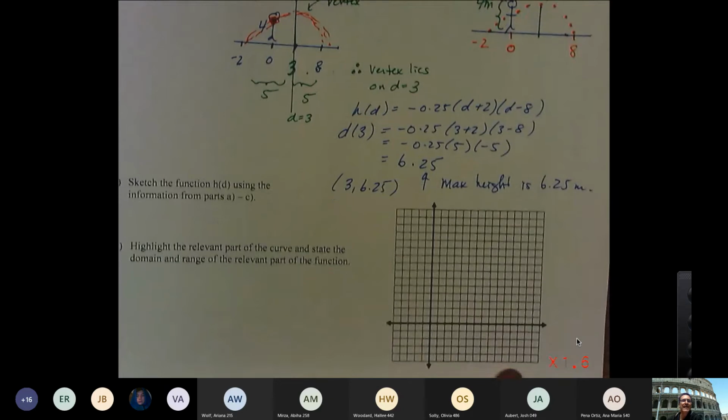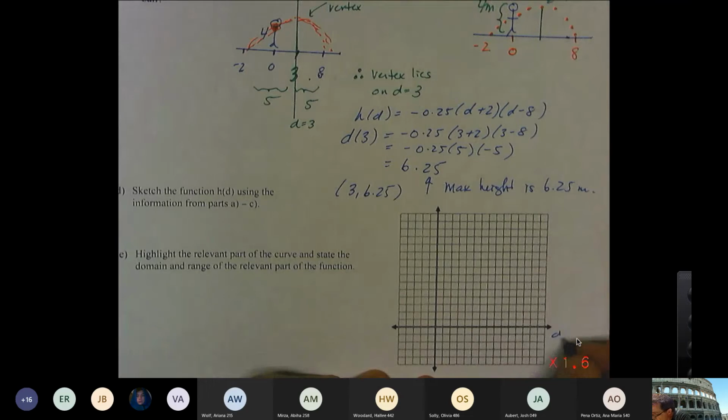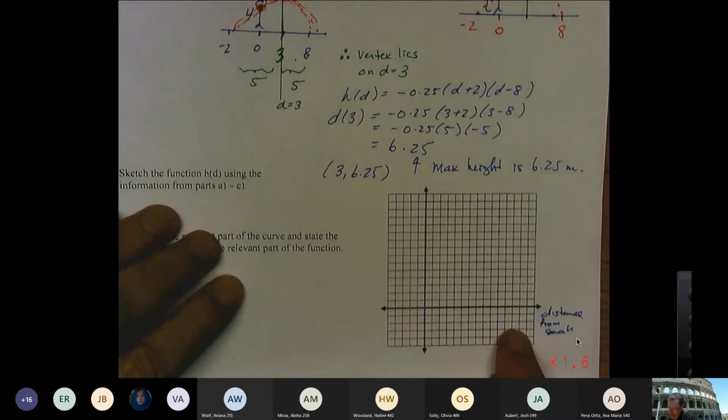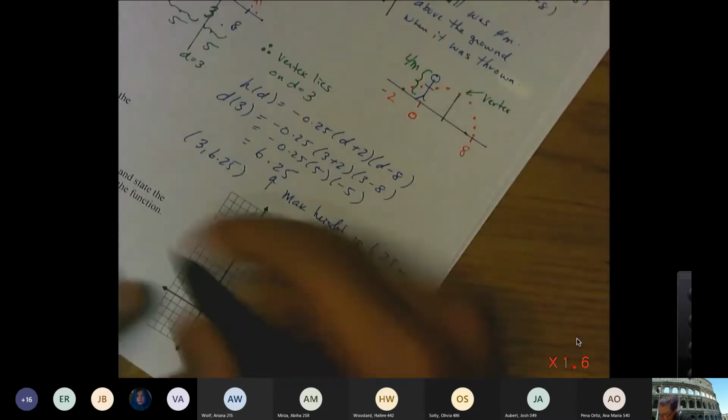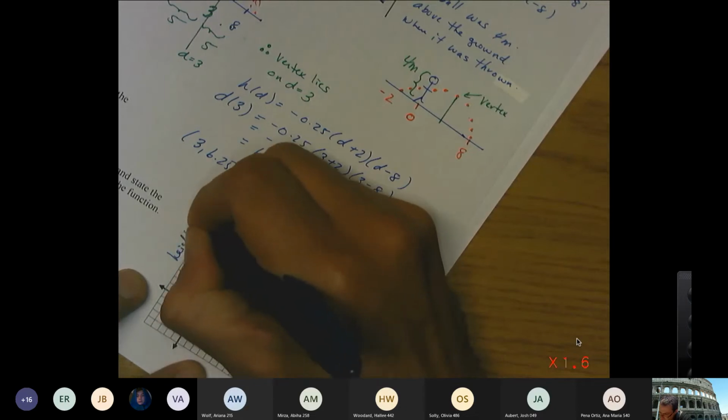So now they want me to do a nice sketch, a pretty sketch, without perhaps little Sarah being drawn in there. So this will be distance from Sarah along this horizontal axis. The vertical axis will be the height above the ground.